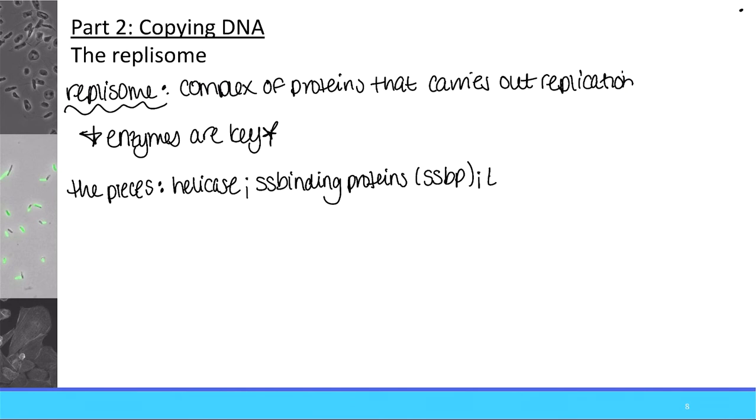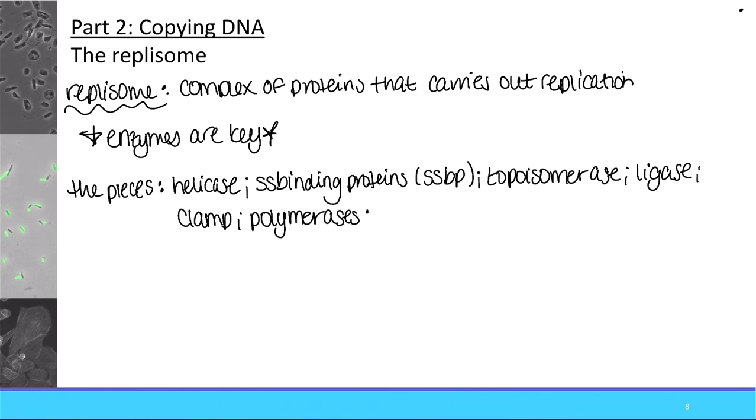We will have topoisomerase. We'll have a ligase, something known as the clamp or the clamp loader, and we'll have polymerases. So we'll have DNA Pol 3 and DNA Pol 1. So these are the 8 proteins that we're going to talk about. Most of them are enzymes, and we will talk about their functions.